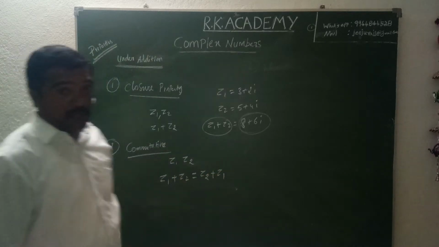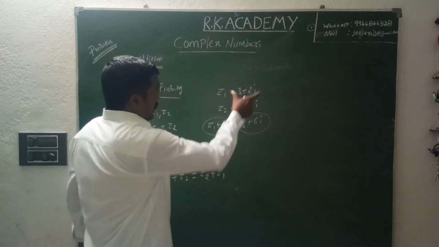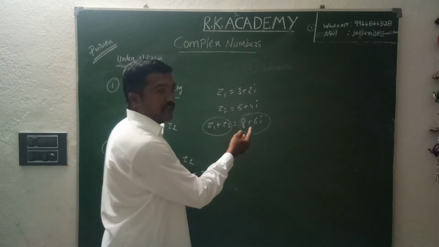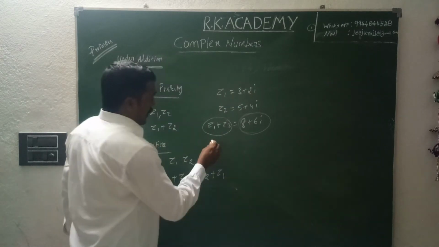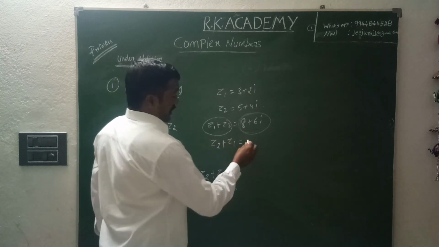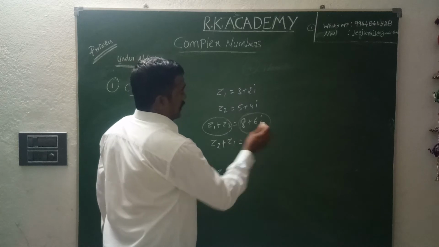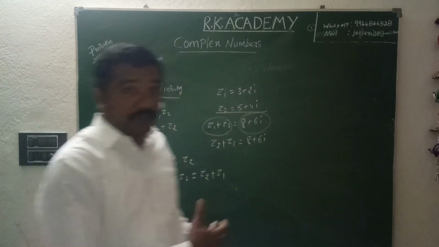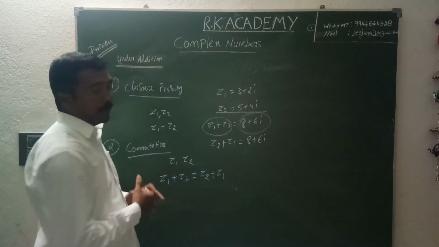From this example, we are adding these two complex numbers, z1 plus z2, it will be 8 plus 6i. Now again, z2 plus z1, what will happen? The same thing, it will be 8 plus 6i. So it satisfies the commutative property.